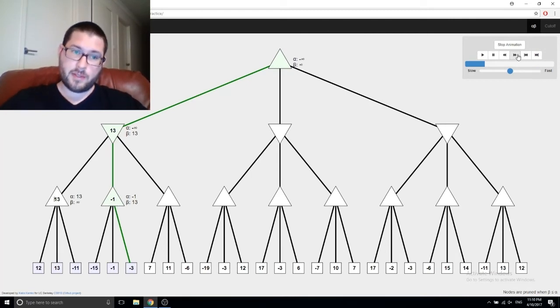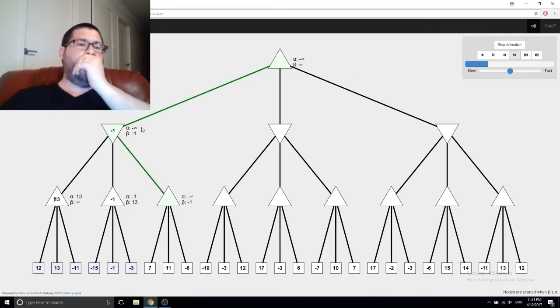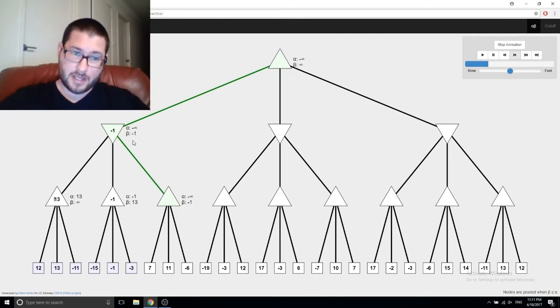And that's what will happen. It will update this beta value to become negative 1. And again, it will pass down these values. Alpha still hasn't been updated. In fact, alpha won't be updated in this branch. It will only be updated in these next branches.